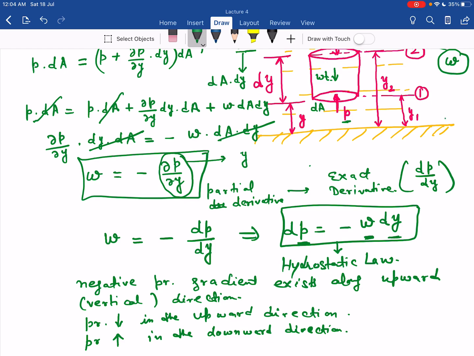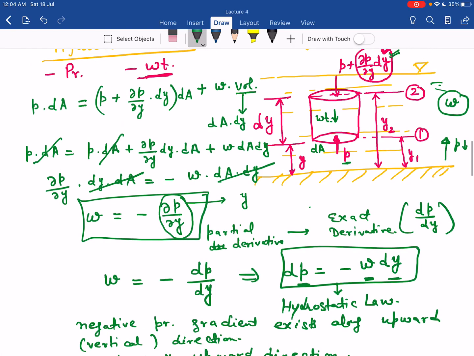So this is our upward direction, and in this upward direction pressure decreases. And this is the downward direction, so along this direction pressure increases. So that is the hydrostatic law.